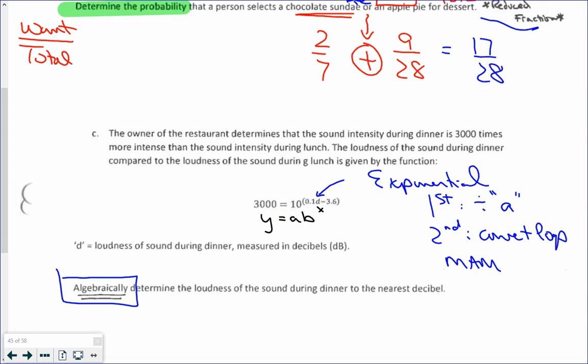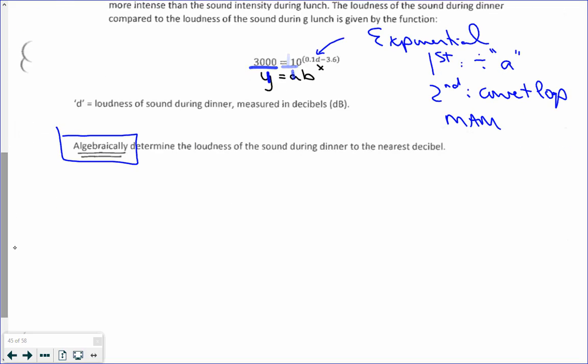So step number 1 here is dividing both sides by 1, which pretty much has no effect. So when there's no number in front of that base, essentially step 1 is useless.